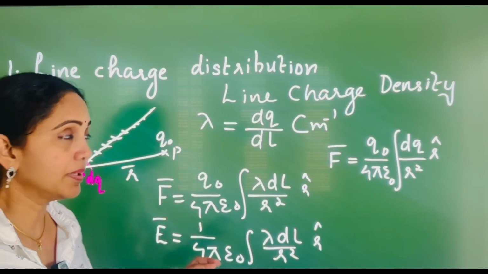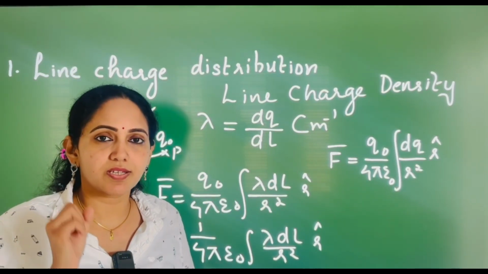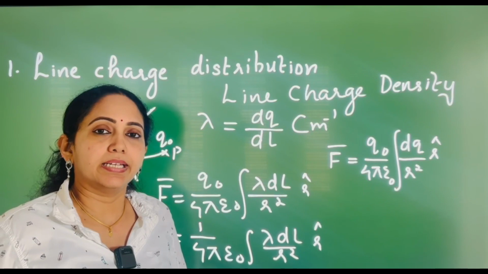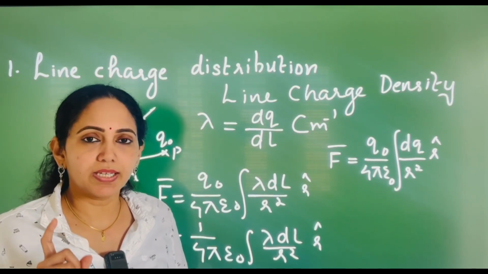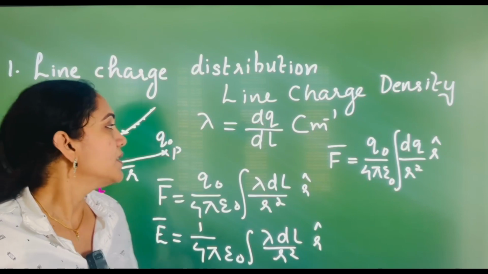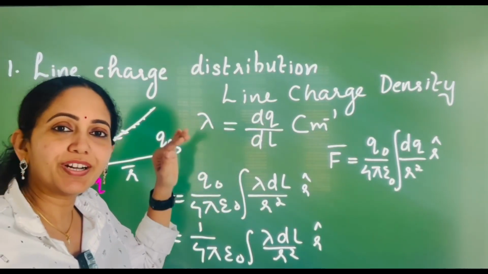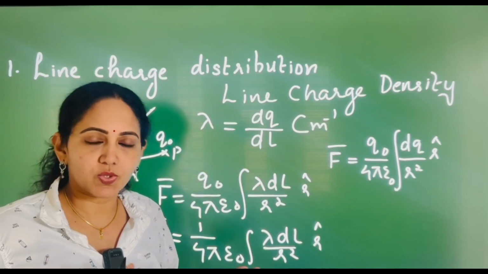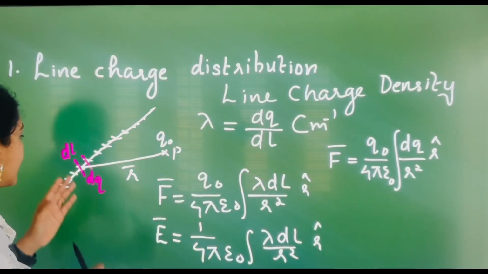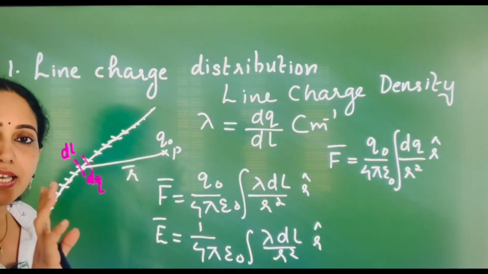Let me say it once more. Line charge distribution is the distribution of charges over a line, and line charge density is the charge per unit length of the line charge distribution. So line charge density lambda is equal to dq divided by dl. Its unit is coulomb meter raised to -1. I am considering a small length element dl having a charge dq.